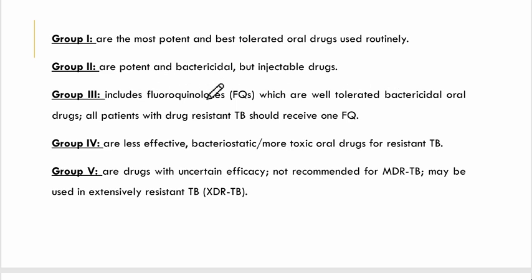Group 2 again is the injectables. They are bactericidal and generally include antibiotics, but they are given in parenteral form. Group 3 includes the fluoroquinolones, which are well tolerated bactericidal oral drugs, and all patients with drug resistant TB should receive one fluoroquinolone.